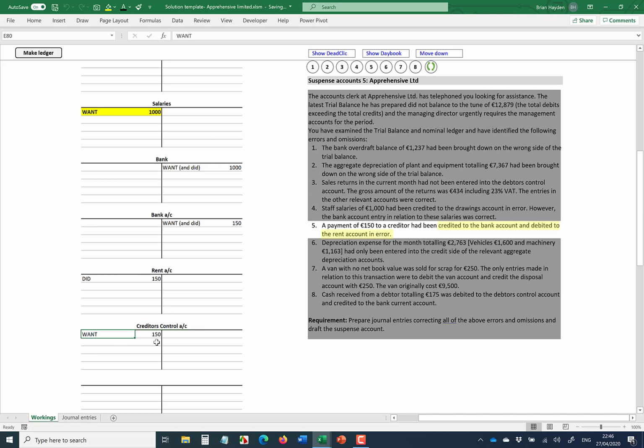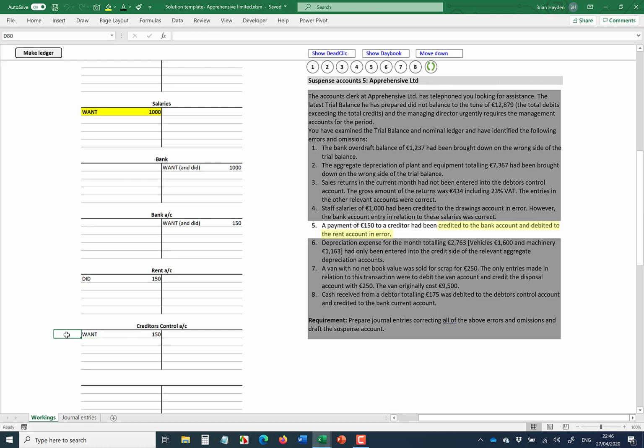Again, you could refer to the cheque payments day book, payments to creditors. You debit the creditor's control account with the total of the payments to creditors. That's one of the posting rules for the day books, the cheque payments day book.